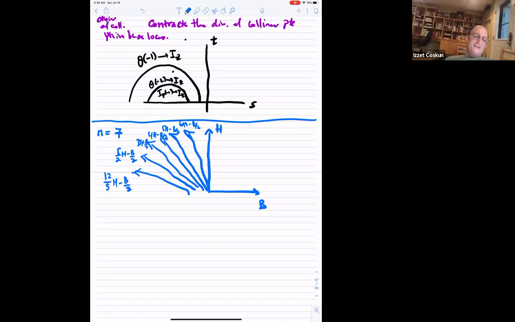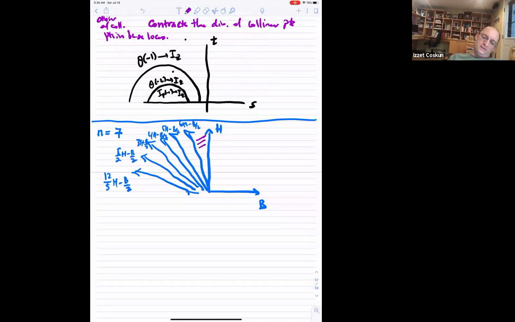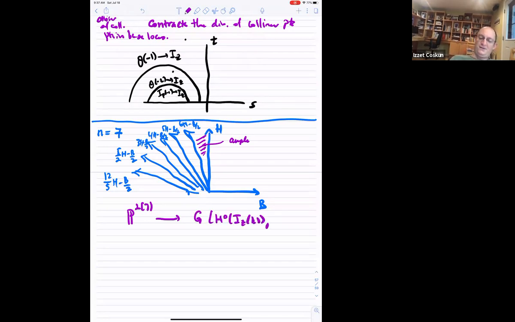Okay, so now let me describe what these rays correspond to. Again, we know that we have the ample cone here. This is the ample cone. And then these divisors correspond to giving maps to various Grassmannians. So we have a map from P27 to the Grassmannian of H0 of I_Z(k).